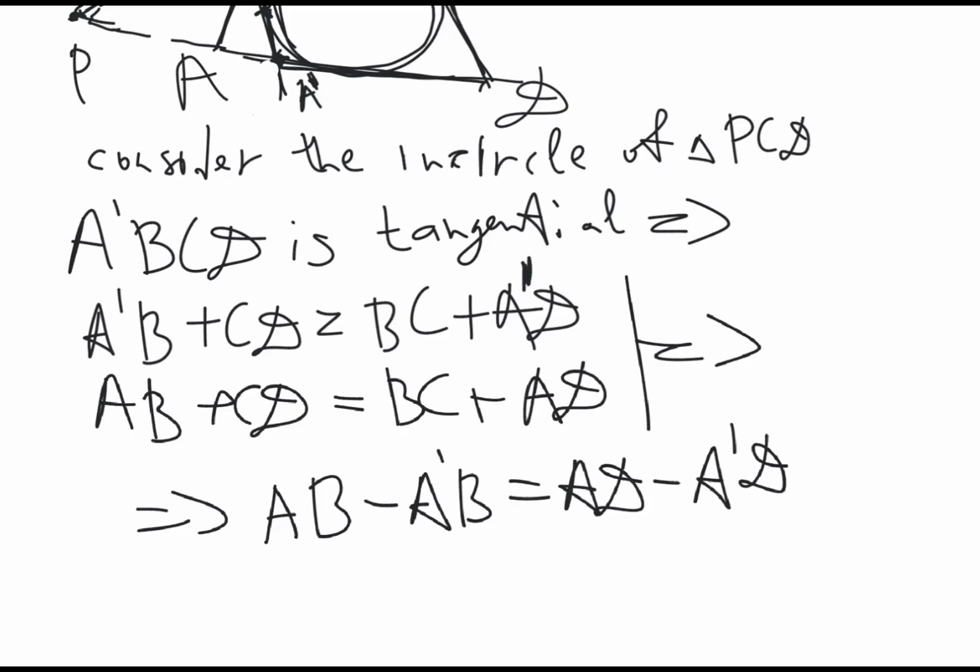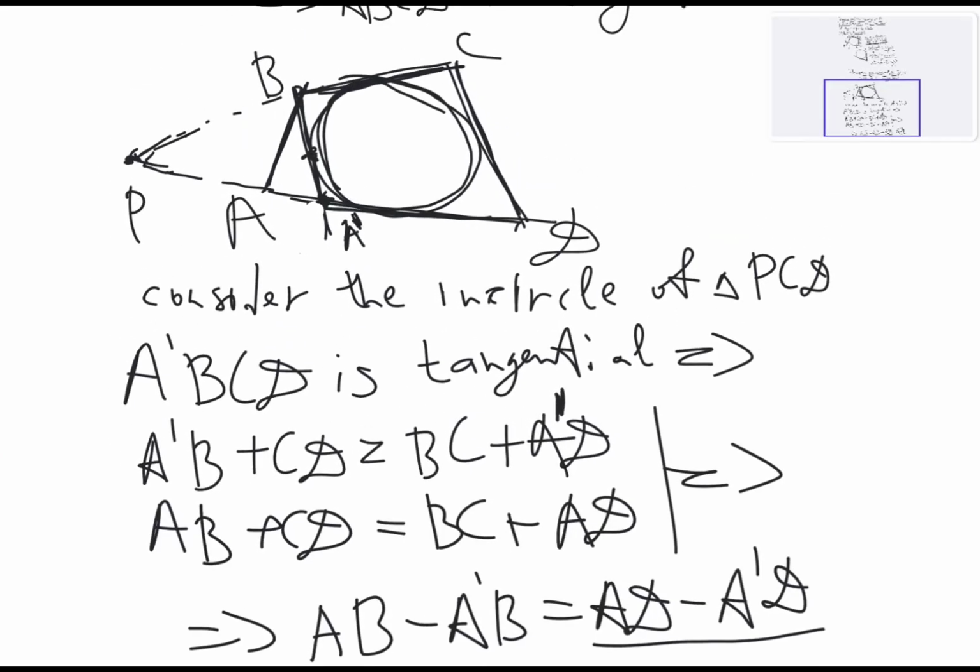So now we notice that AD minus A prime D, on the picture, this is AD, this large side, and this is A prime D, the smaller side.